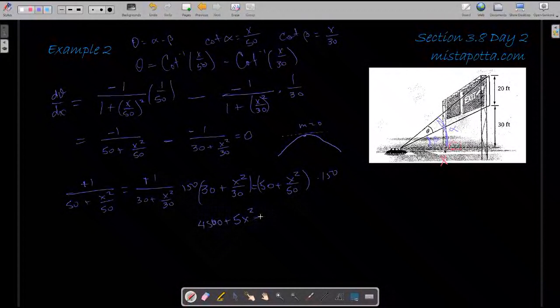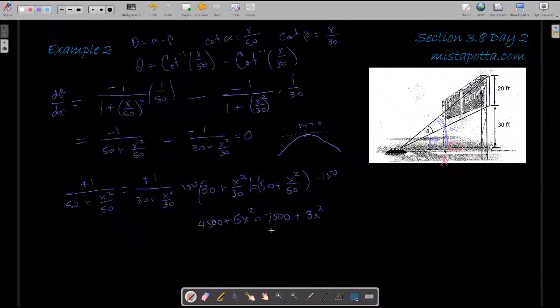And over here, when I distribute, 50 is going to go into 150 3 times. So I'm going to have 7,500 plus 3x squared. And so what I've got here is a formula that I can solve for x.